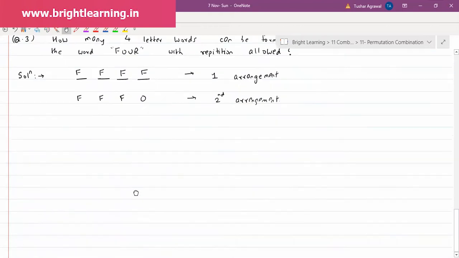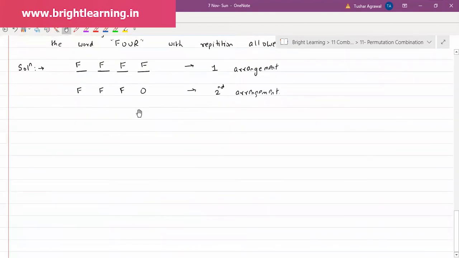With letters, how? First position, second position, third position, fourth position. So 4 positions are there: 1, 2, 3, 4. At the first position, it can be F, it can be O, it can be U, it can be R. So there are 4 choices.